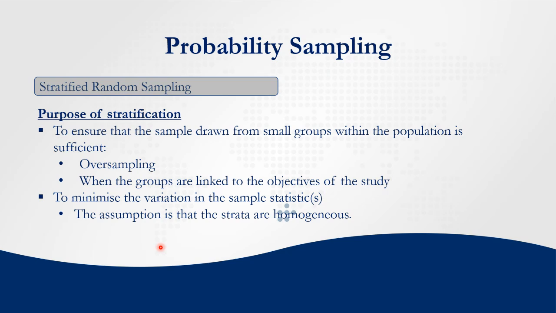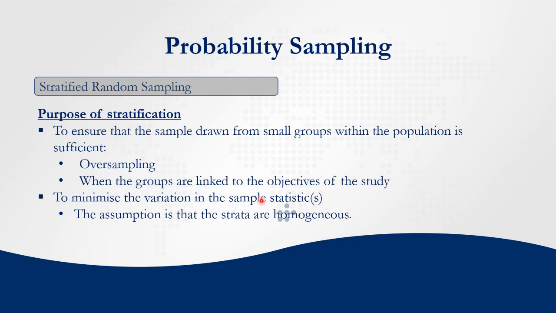If you don't stratify, we might not have enough students from Sefako Makgatho, but because we want to make sure that they are all represented, we might have to oversample from Sefako Makgatho, because it's very small, even if you say I'm going to sample based on size, which means the big universities will get the bigger chunk of the sample.